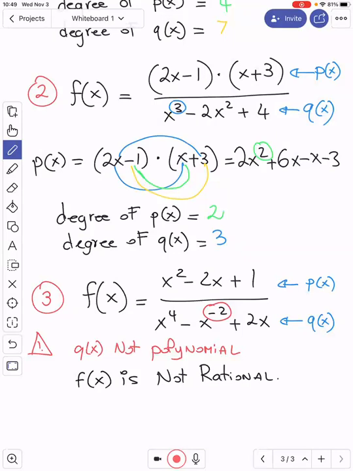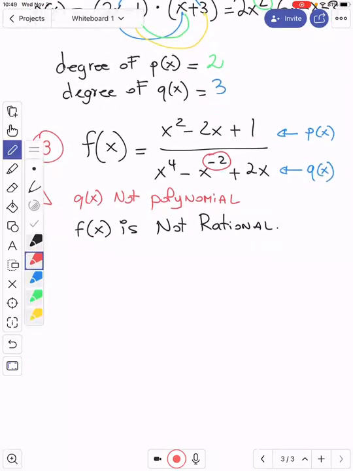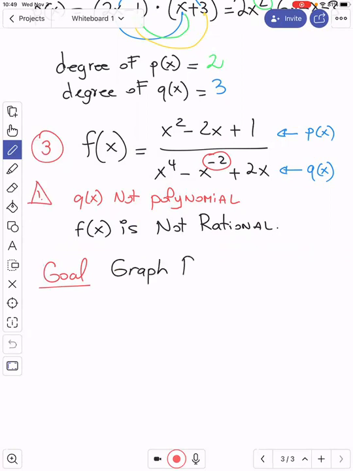So as I said, the goal of this section is, as we did for polynomial functions, we're going to try to graph rational functions, right? I would say graphing rational functions is more tricky than graphing polynomial functions.